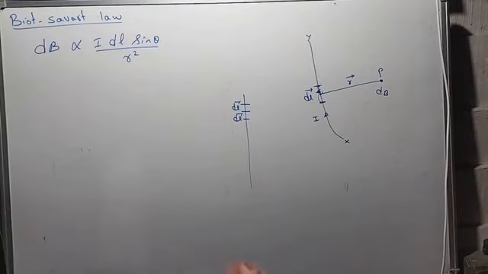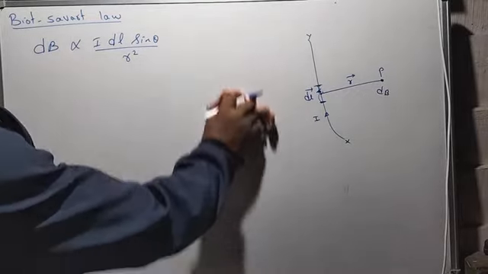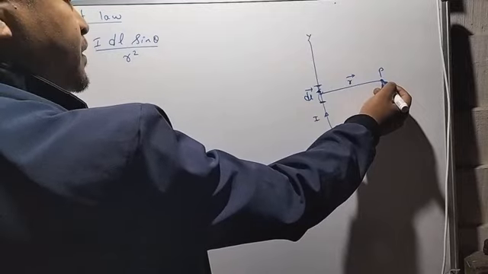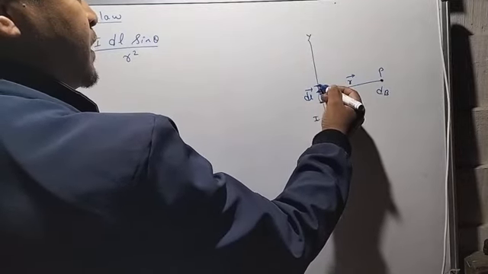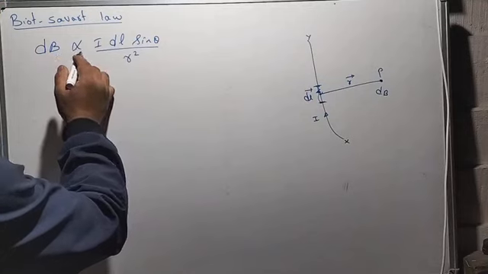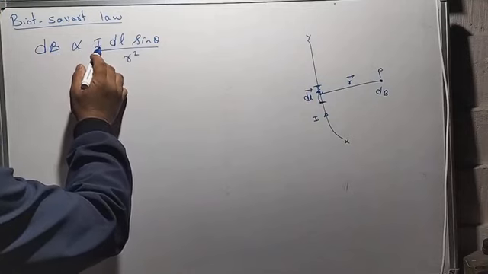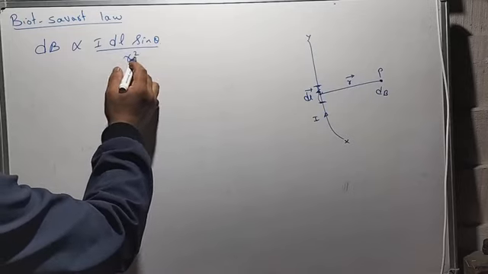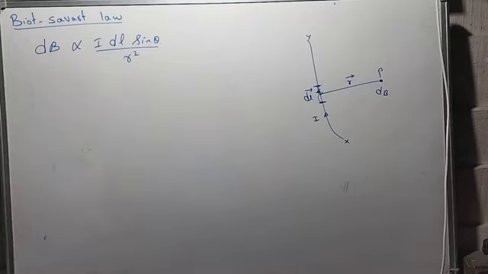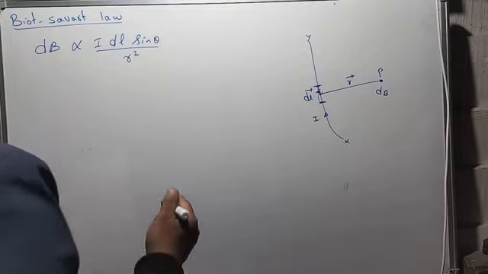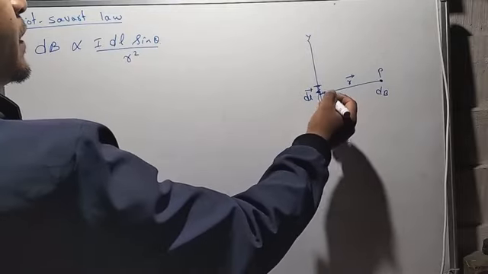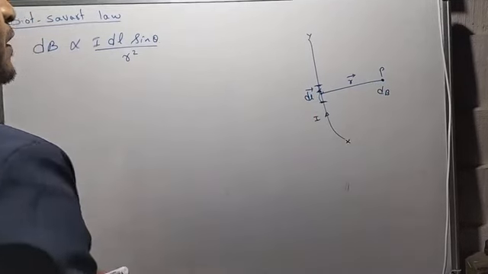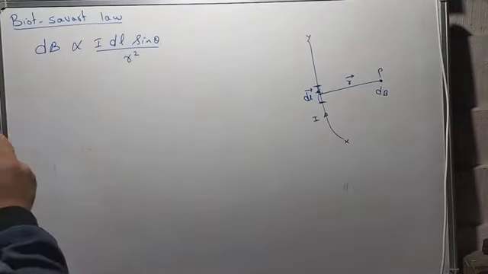According to Biot-Savart law, this small magnetic field dB at a point P due to this small elemental length dl is directly proportional to I dl sine theta and inversely proportional to the square of the distance between them, where theta is the angle between r and dl.